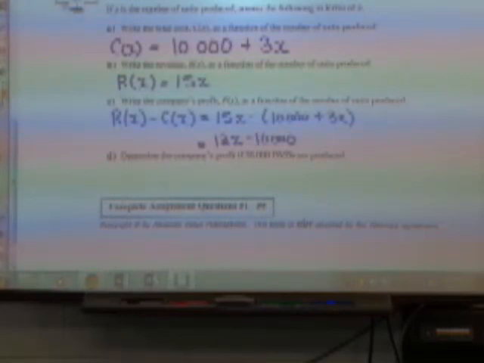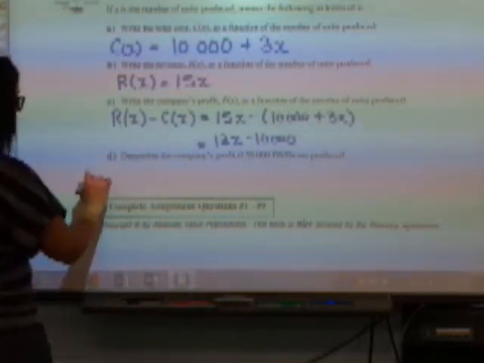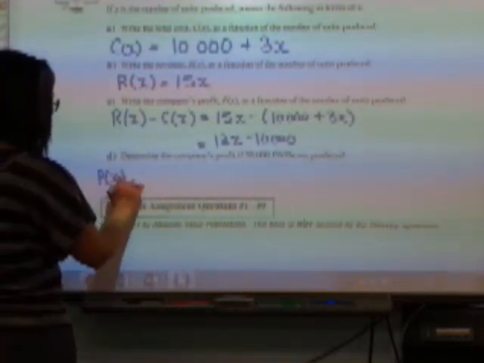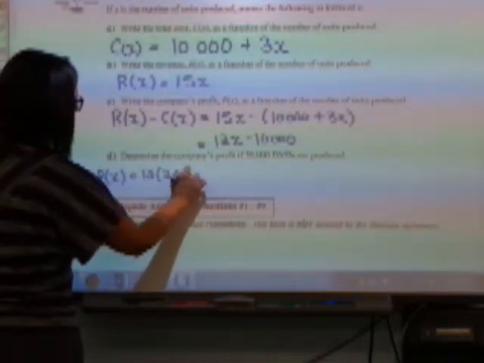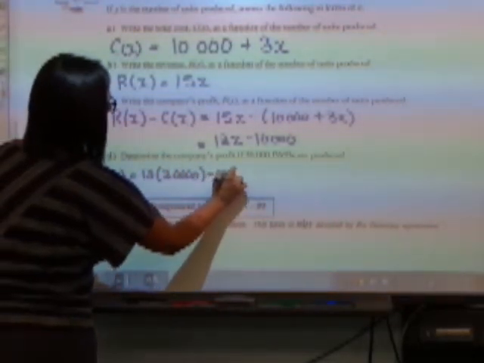So the last question is determine the company's profit if 20,000 DVDs are produced. So profit, which would be P of x, would be 12 times 20,000 minus 10,000.